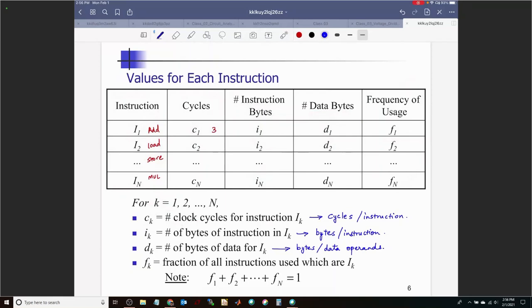Now at the end you have f sub k, which is the fraction of all the instructions used, which are Ik, the kth instruction. For example, 20% of the time I'm adding, 30% of the time I'm loading, 10% of the time I'm multiplying, right? So that would be 0.2, 0.3, 0.1. So those would give us our fractions. And of course, when you add all the fractions, you should be able to get 1.